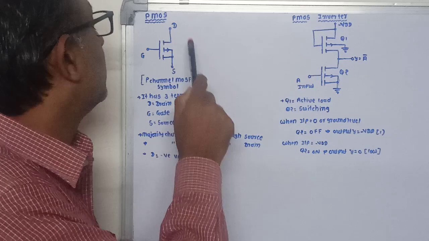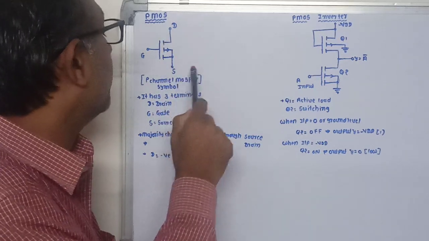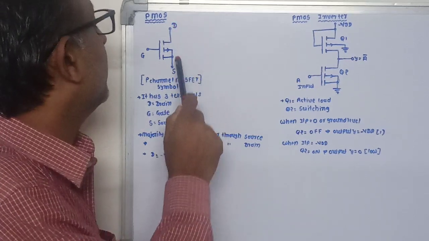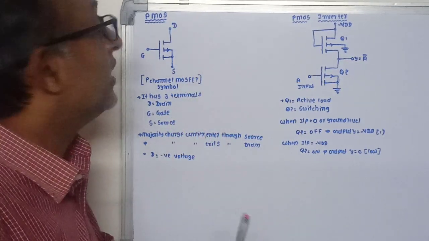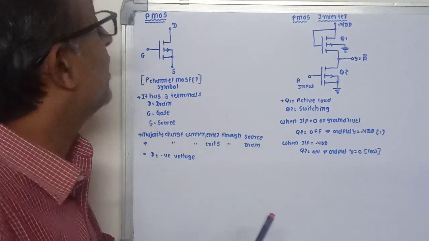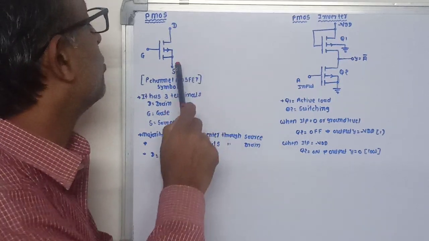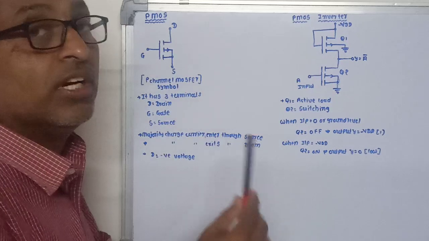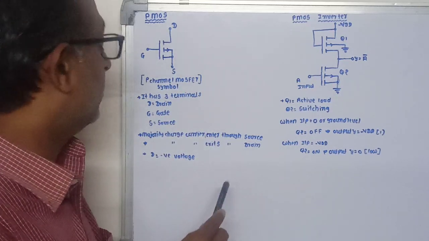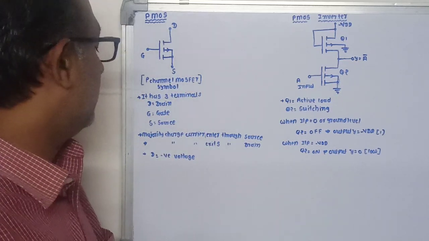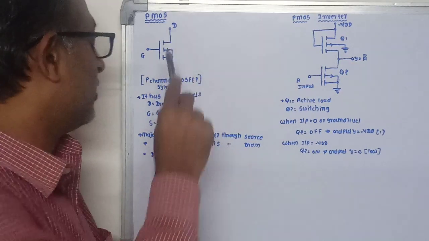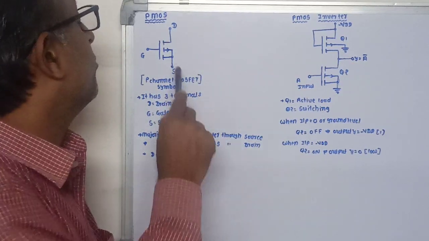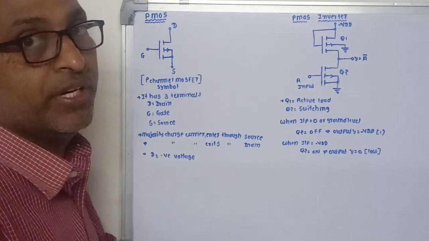Here, as shown in the symbol of this P-channel MOSFET, the broken line is between drain and source, which indicates there is no conducting channel between the drain and source terminals, and similarly the gate is also drawn away. In P-type channel, the drain terminal is connected to the negative supply compared to the source terminal.